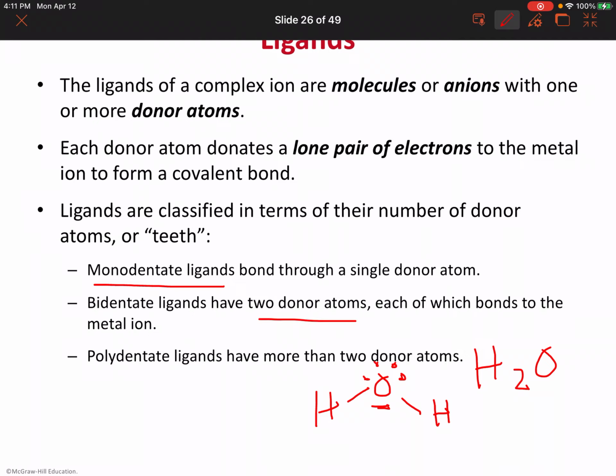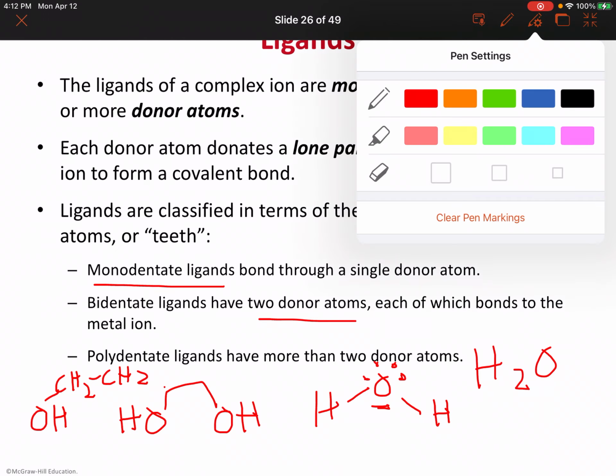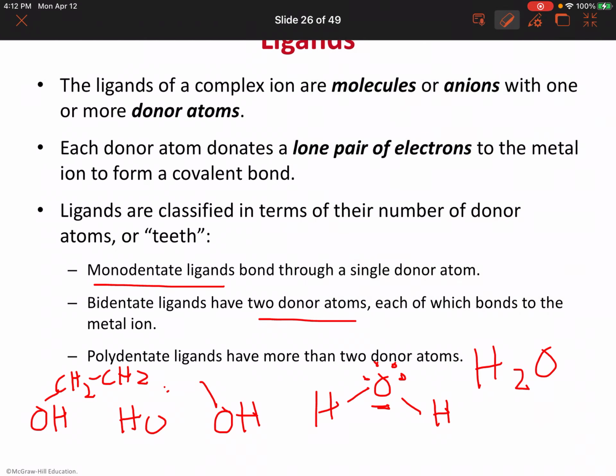For example, ethylene glycol, like this. So this is CH2CH2. Okay, so this is OH. CH2, CH2, excuse me. I'm rewriting this one, CH2, CH2, and then you have OH group like that.